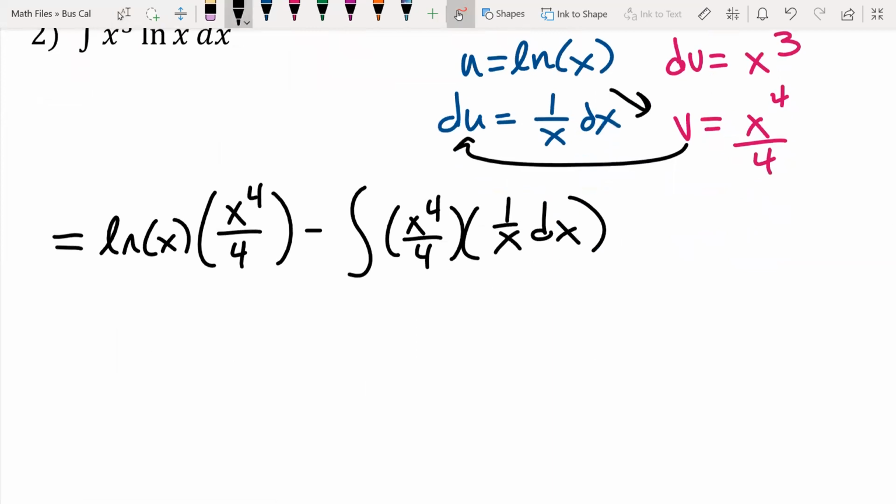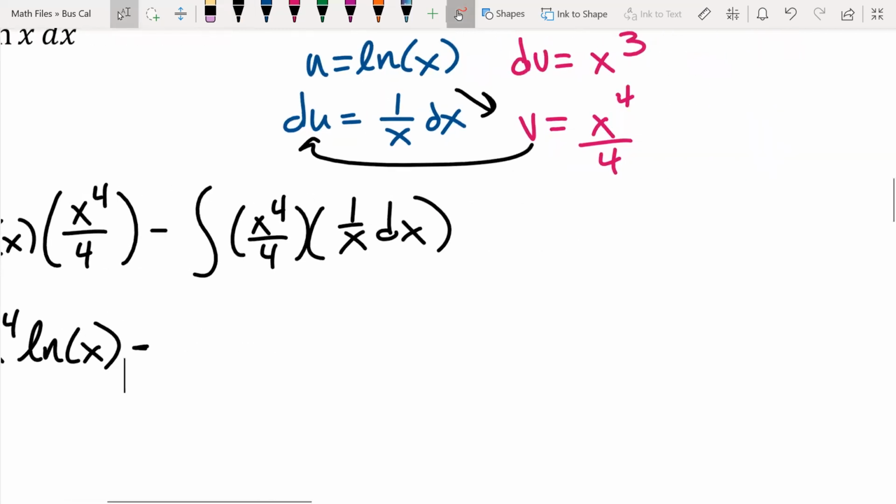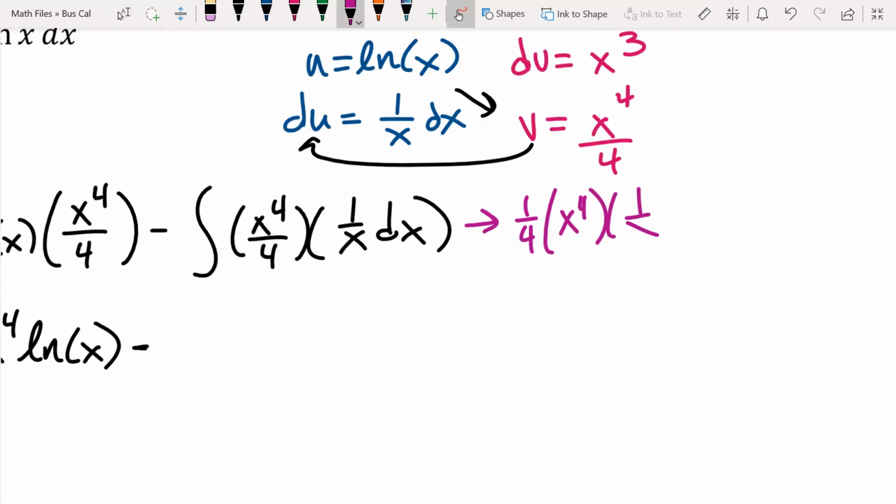Clean up, and we'll have 1/4 x to the 4th natural log x minus, and then what's going on in here is that, I guess I could do a little side work over here. You can rewrite this as 1/4 times x to the 4th times 1 over x.